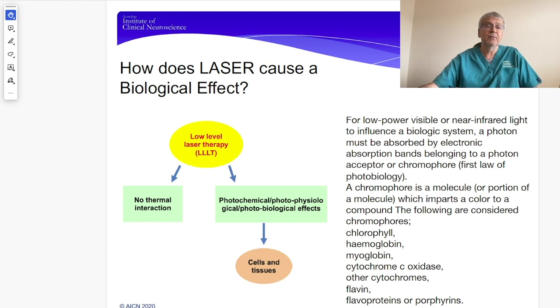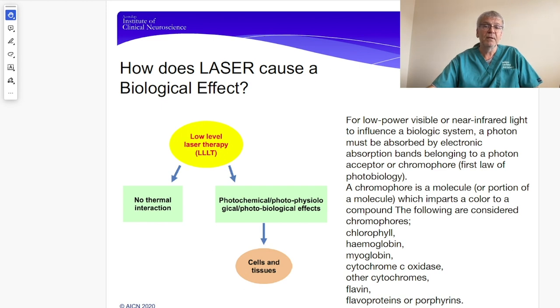Well, again, we're emphasizing that low-level light therapy has no or very little thermal interaction. Stating again, you can buy lasers on the market that say they're low-level light therapy, but they can still create sufficient heat to burn people. So we just have to remember that.